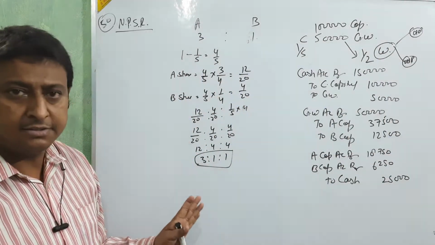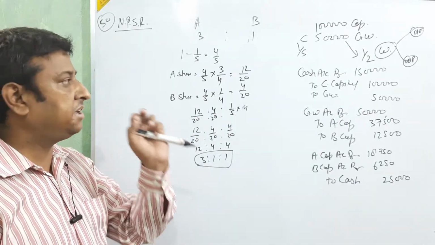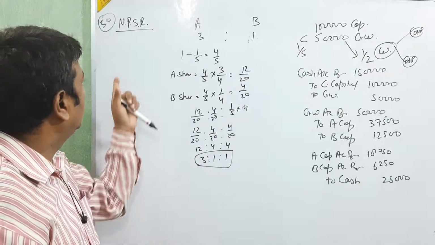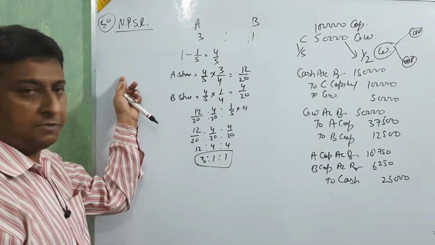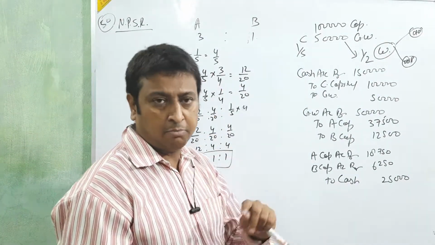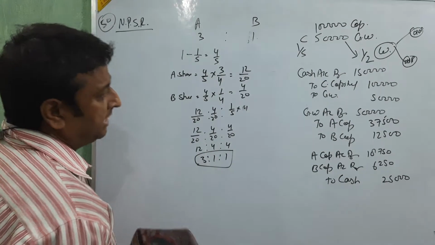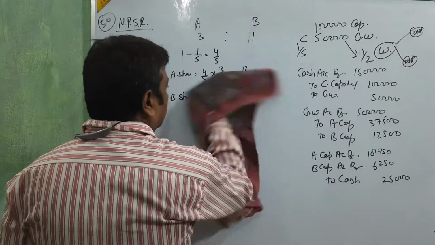Next, after this, we are going to make the revaluation account. Two things are finished: the new profit sharing ratio and the entry. Then we are going to make the revaluation account.